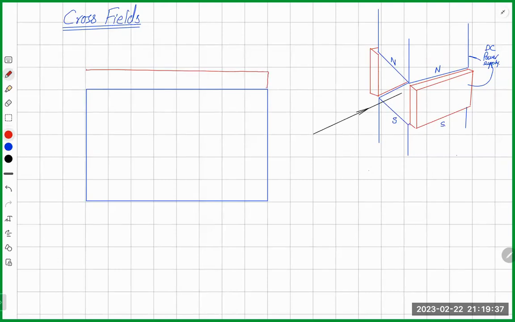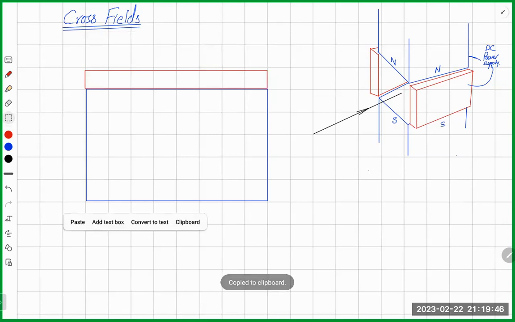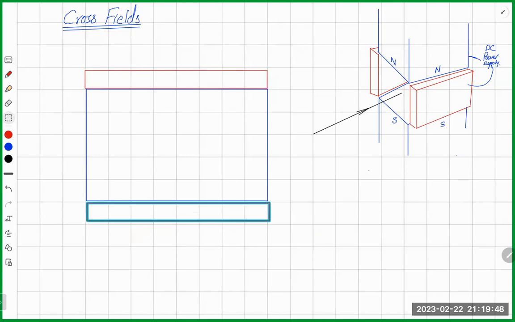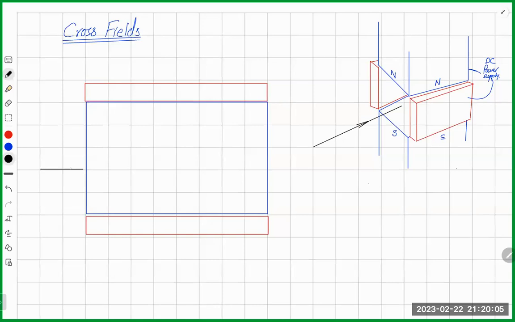This rectangle is representing one plate. This is the other plate. Now, if there is a charged particle coming in, it could be any charged particle, but for simplicity I'm making it positive. A positive charged particle is coming in.